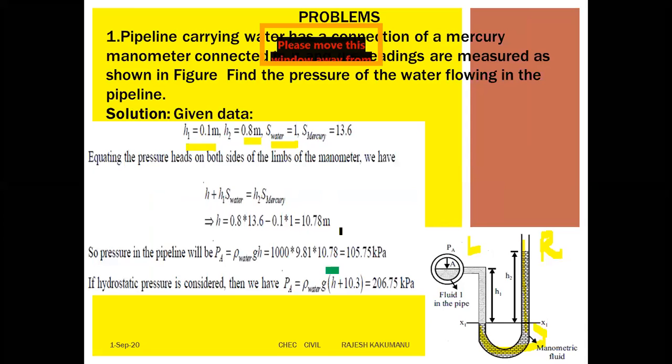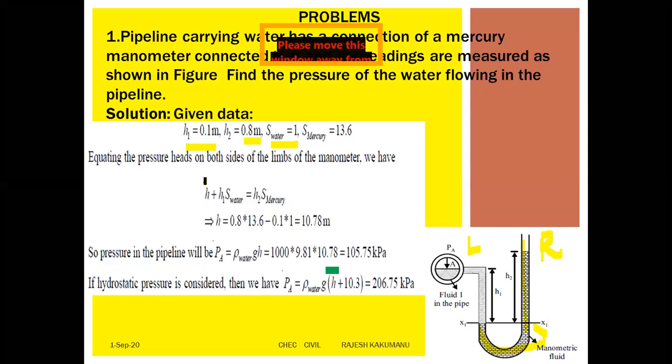Therefore, H equals 10.78 meter. That is the answer for the given question, that is the head height. So, a formula you have to keep in mind for simple problems: H plus H1 S water equals H2 S mercury.